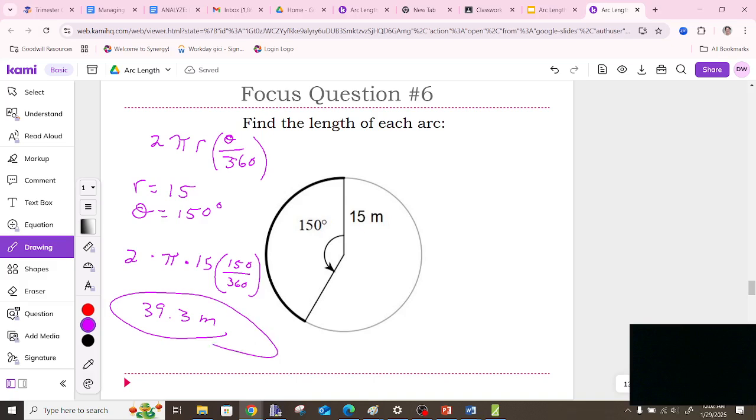So if you think about arc length and pizza, arc length is going to be the crust of your pizza on the outside. So if you have a slice of pizza, the crust piece would be your arc length. Now, the area would be the whole pizza slice.